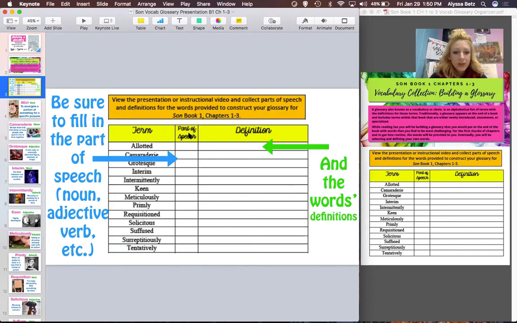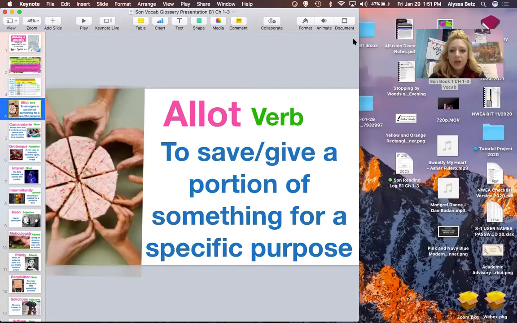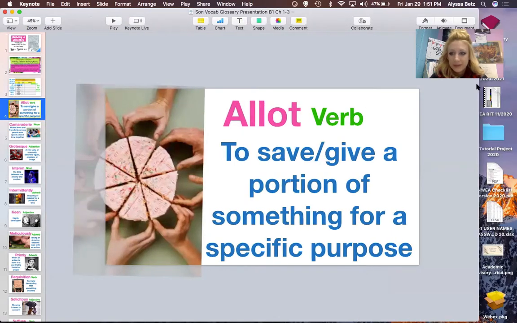In the part of speech box, put if it's a noun, an adjective, a verb, etc. And then here you're going to be recording the definitions. I'm going to close this out, but you should have your graphic organizer open and be following along.